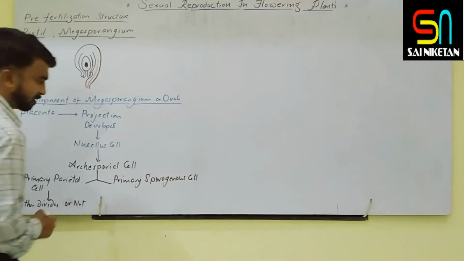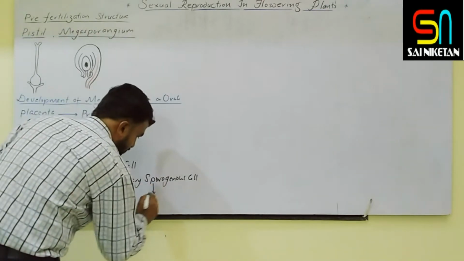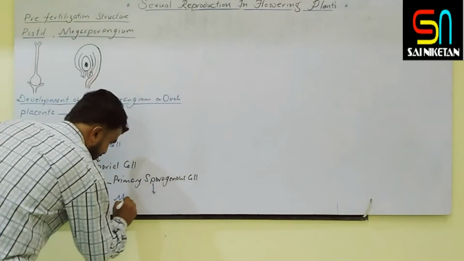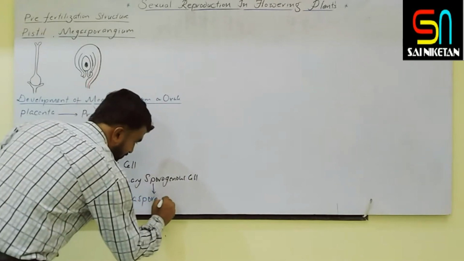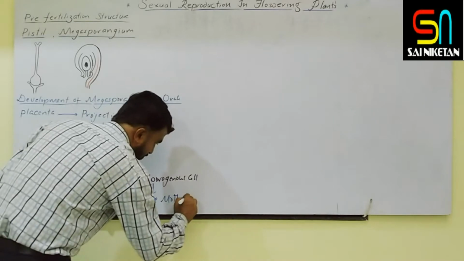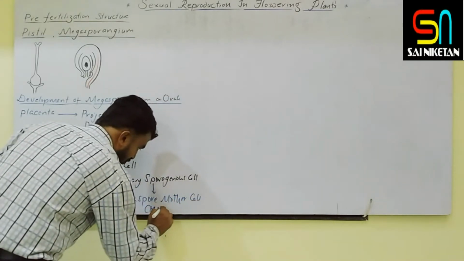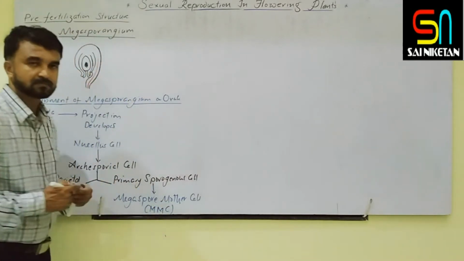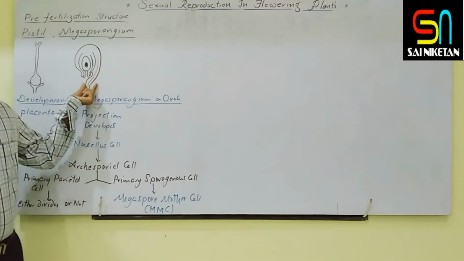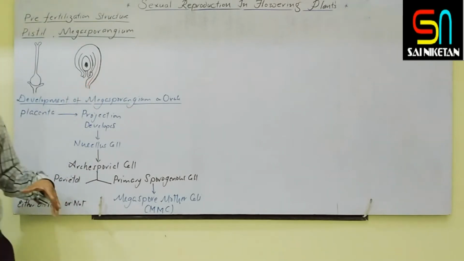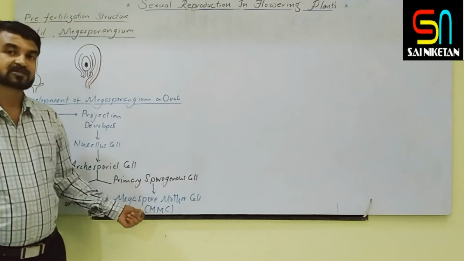But the primary sporogenous cell will develop into a special cell, the megaspore mother cell. So this is the megaspore mother cell. Up to here, the primitive ovule-like structure is formed. This parietal cell may divide and form the integument, and the primary sporogenous cell develops into the megaspore mother cell.